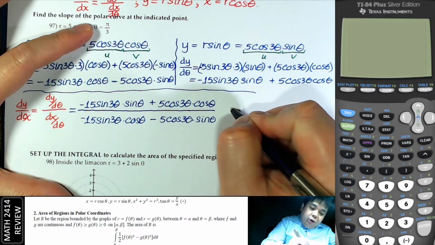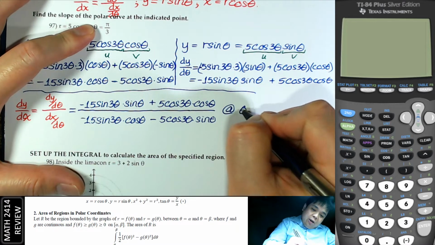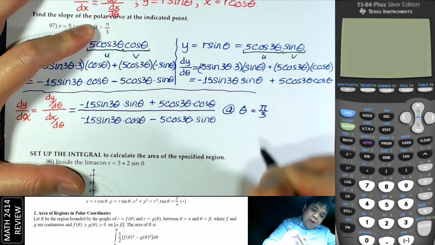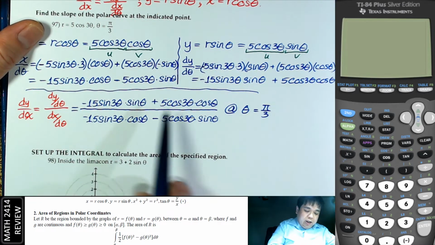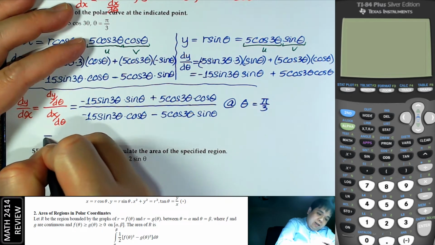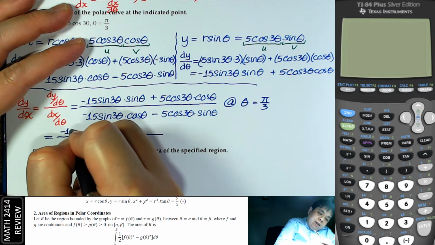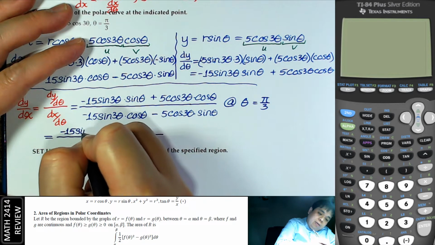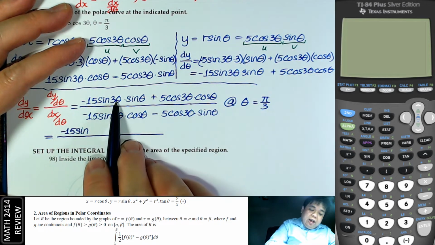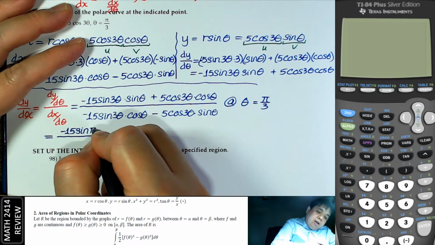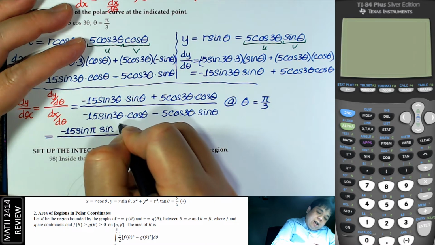And we will evaluate at theta equal to pi over 3. Right, so I'm going to put pi over 3 in for theta. So negative 15 sine. If we put pi over 3 in here, 3 and 3 cancel out, we just have pi. And then sine pi over 3.